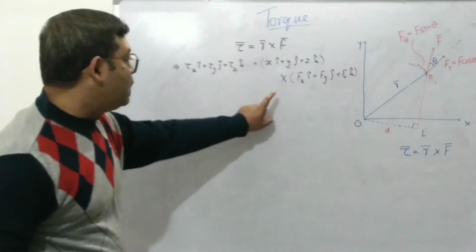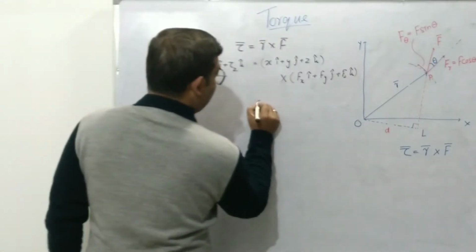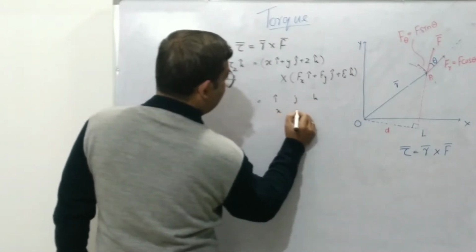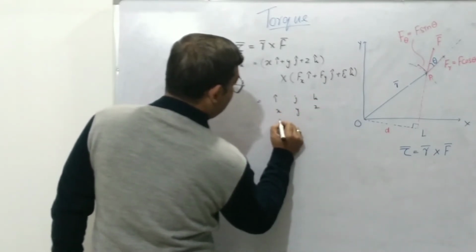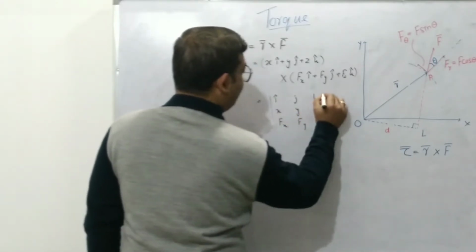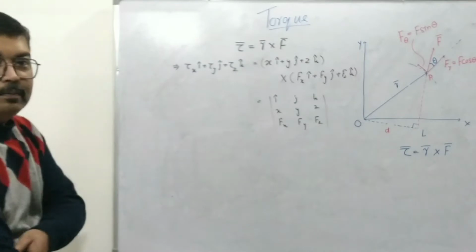We know how to expand this right hand side, right? What we'll do is the determinant form i, j, k, x, y, z, and Fx, Fy, Fz, and then open the determinant to find the components.